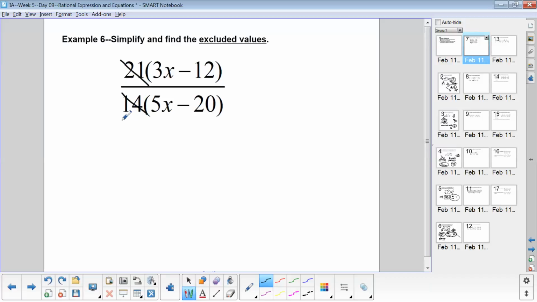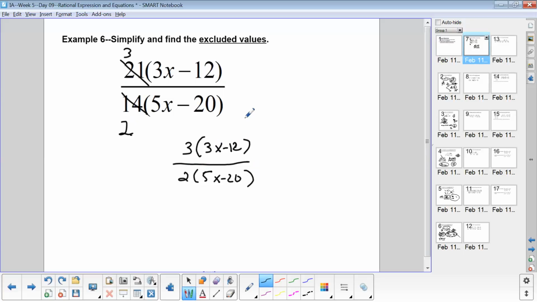They both have a factor of 7. So 7 will divide both of those, and you will get 3 times 3x minus 12 and 2 times 5x minus 20. So this is one way to do that. We've simplified 21/14 to 3 halves.